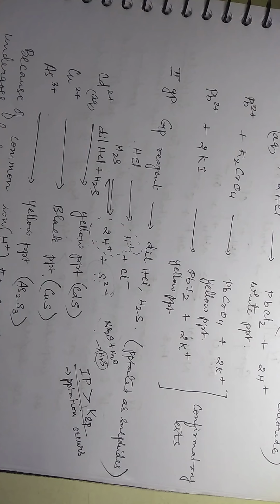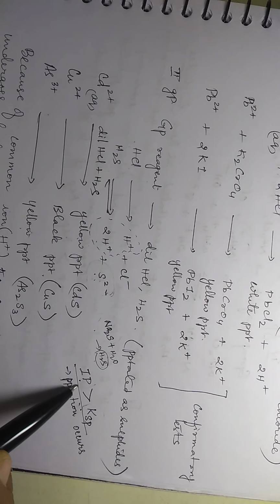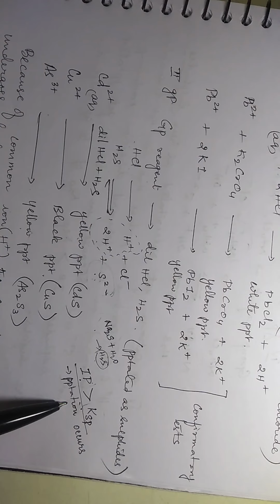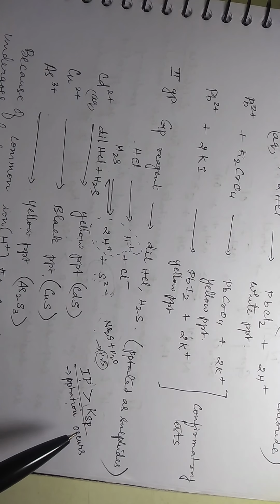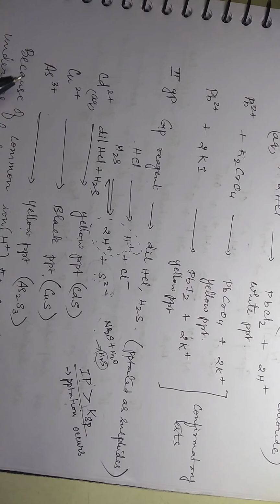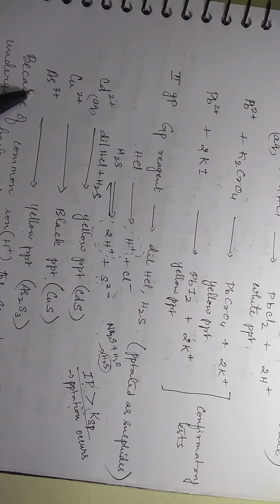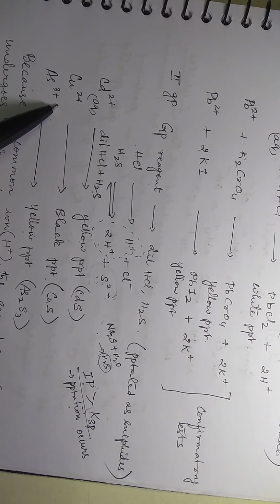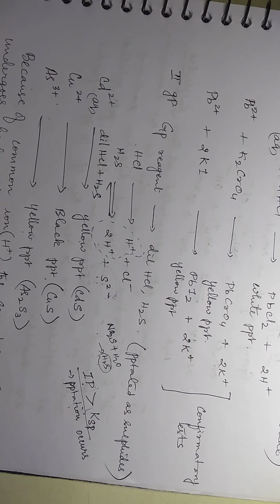Now, in the given medium, if the ionic product exceeds KSP value, which is a standard value, then precipitation will occur. And they have found that for these cations, the KSP value of the sulfides of these cations are very, very low.